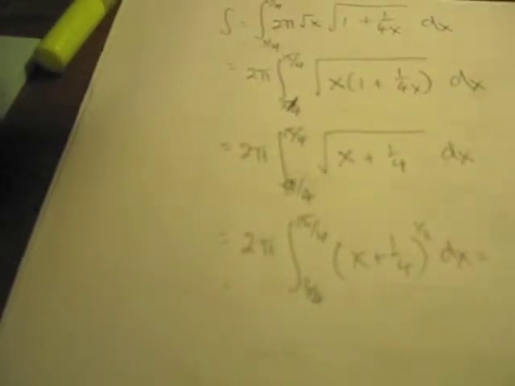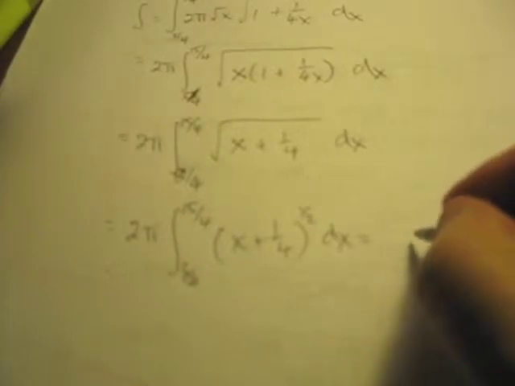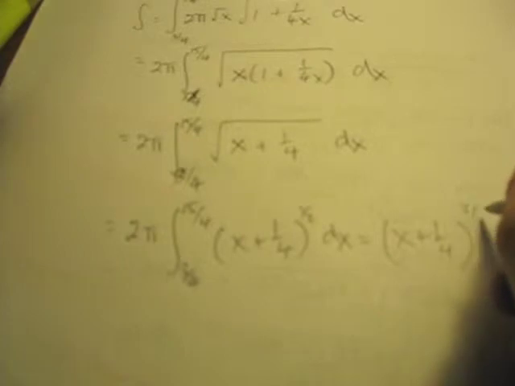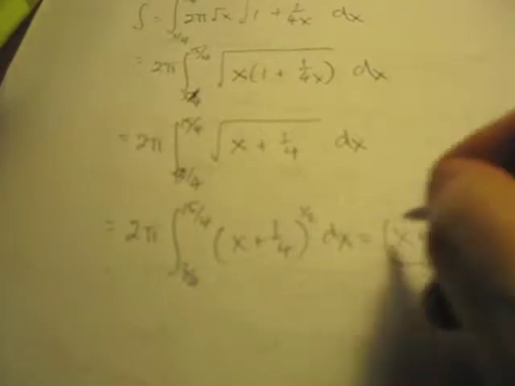And when we integrate this, we're going to have x plus 1/4 to the 3 halves, sorry, 3 halves I should say, divided by 3 halves, and we're going to evaluate that from 3/4 to 15/4.